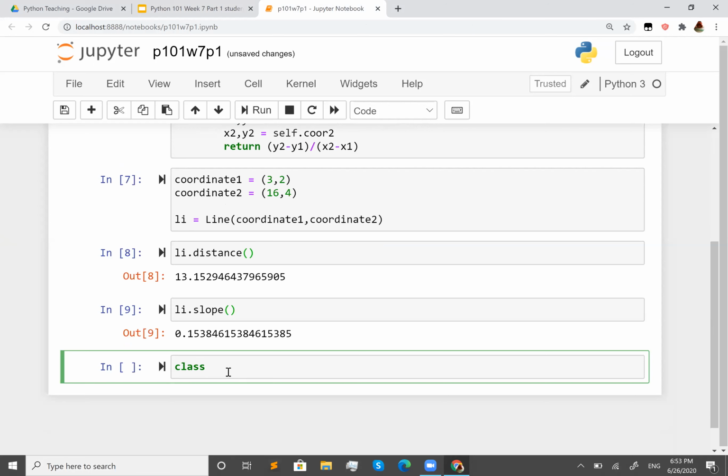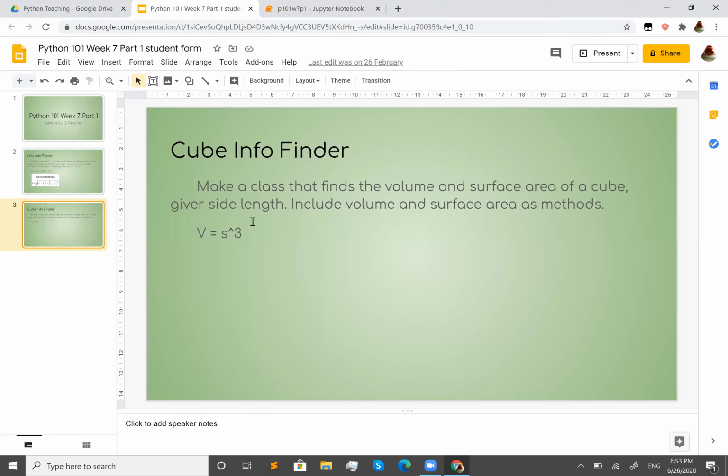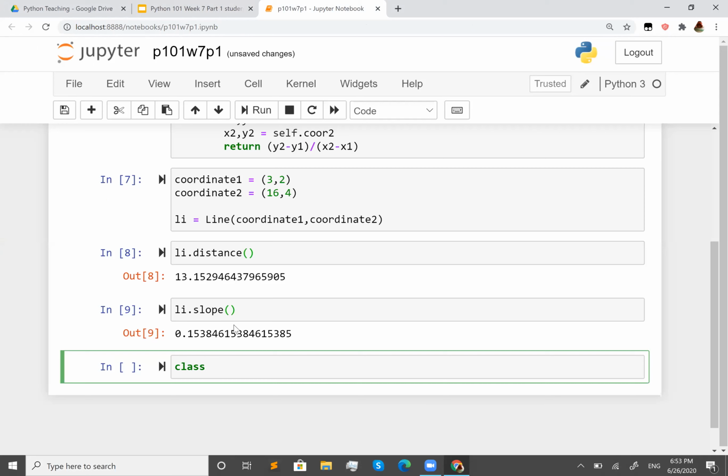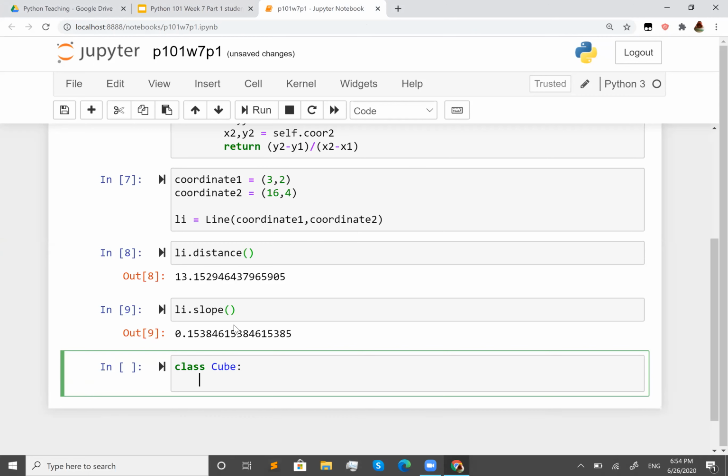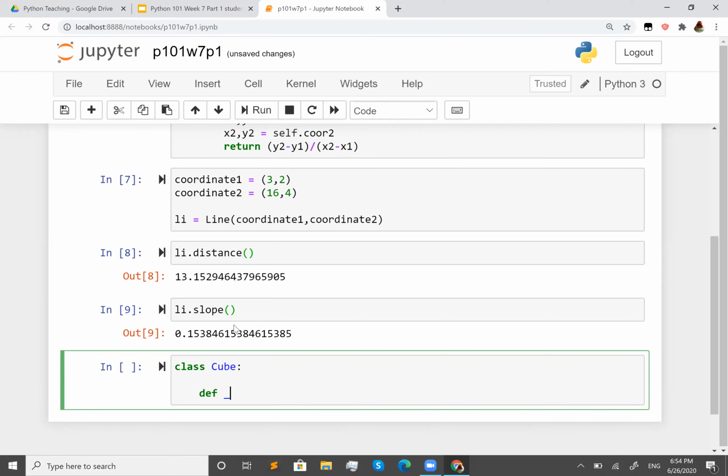Anyway, class. Now we're gonna create a class. Oh, cube. So yeah, let's make a cube. If you guys paid attention last time, we did a cylinder, and now we're gonna do a cube. There's not gonna be any attributes because it's just volume. So we're gonna define double underscore init double underscore.